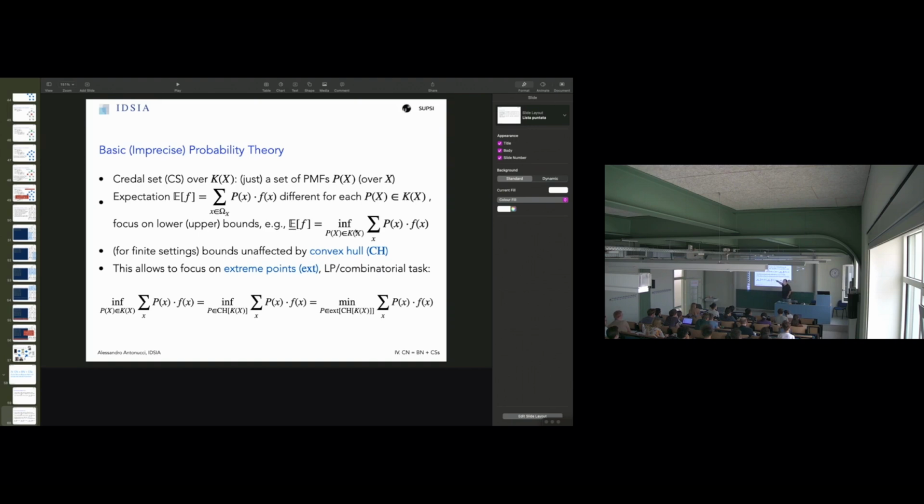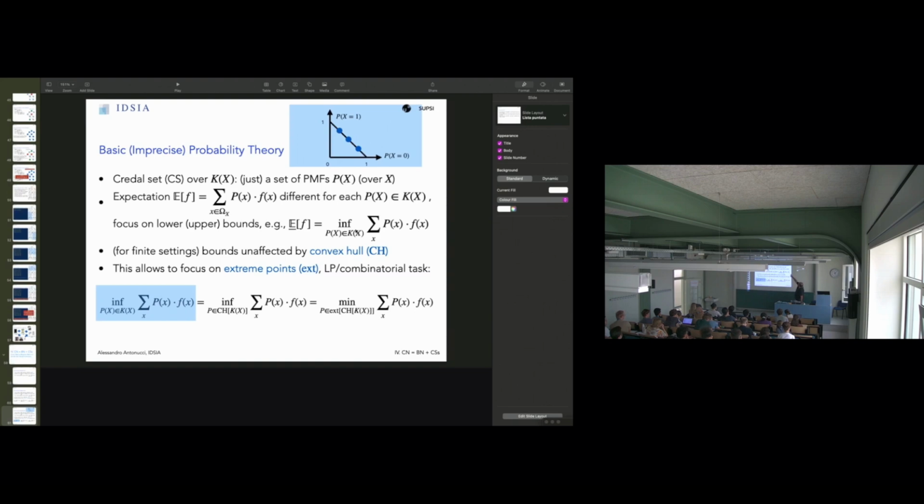The solution of a linear programming problem, in this finite setting, is at one of the extreme points of this region. And this basically means that this is an optimization on a continuous domain, but you can equivalently consider it as a discrete optimization by considering only the extreme points of the convexification of your credal set.